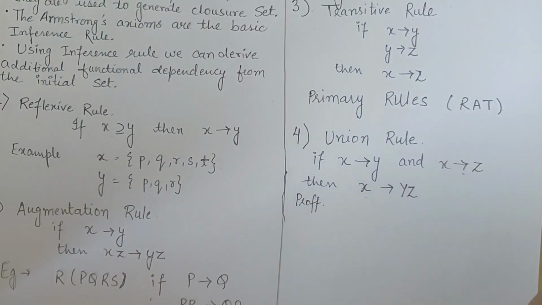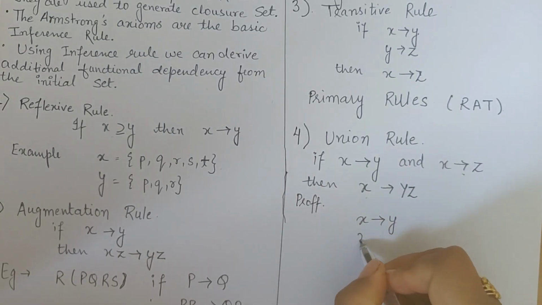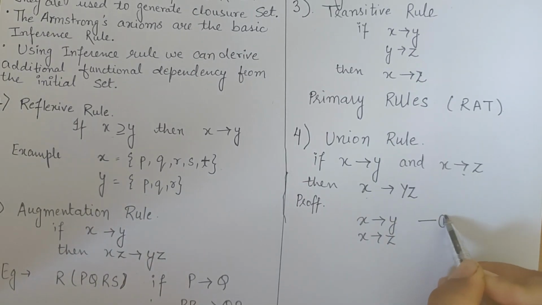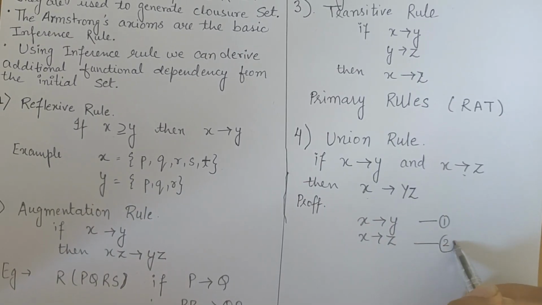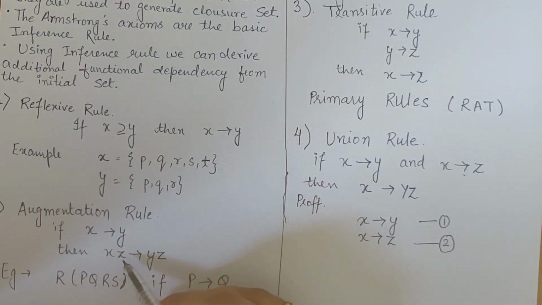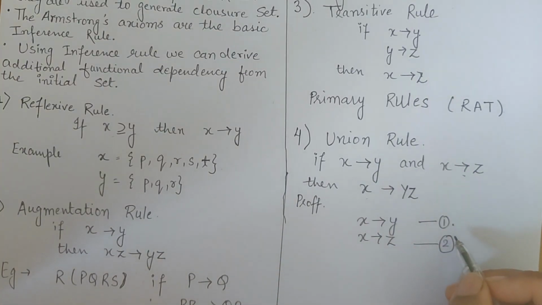you can check like this. What we are saying: x determines y and x determines z. It's given to us, right? Let us suppose this is my first expression and this is my second expression. Now if I use the augmentation rule on the first expression, for any z it should be true, so let me check for any x.